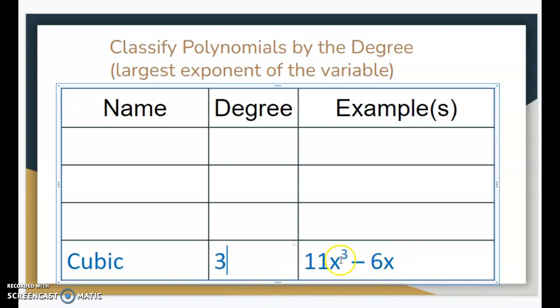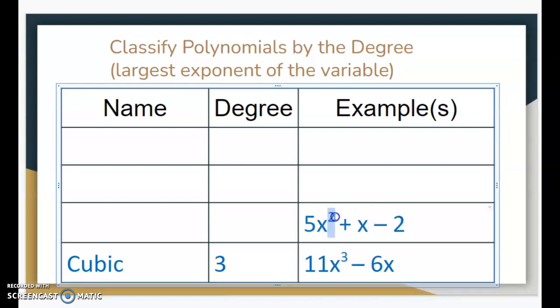The reason this is a cubic is the largest exponent of the variable is 3. We could also have the largest exponent of the variable be a 2, and if that's the case, we would call it a quadratic. A quadratic would be a polynomial with a degree of 2.